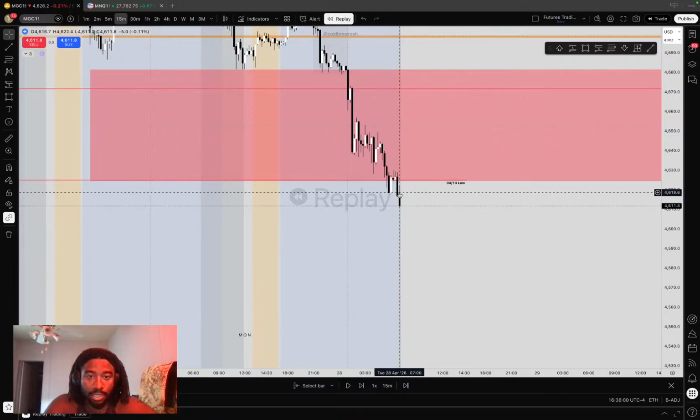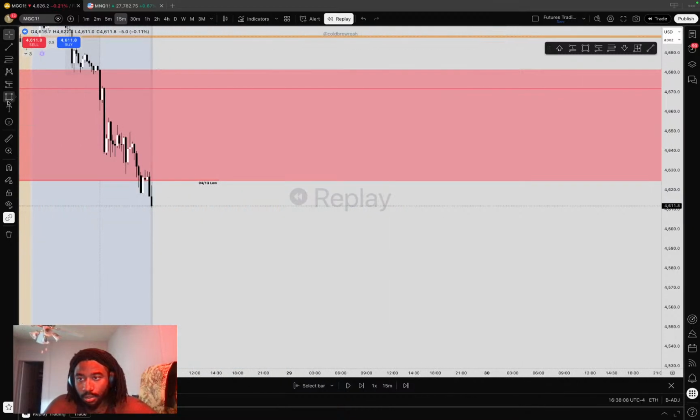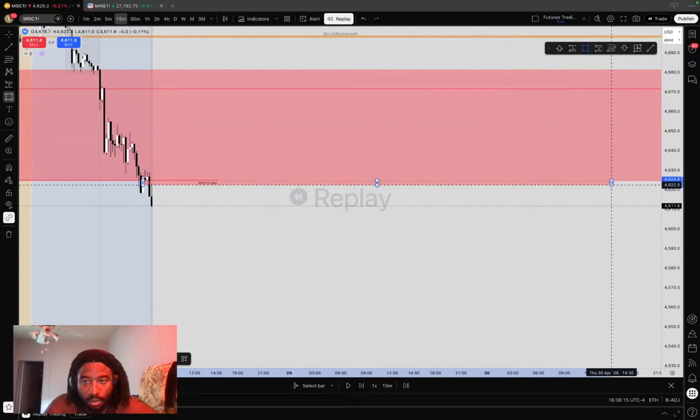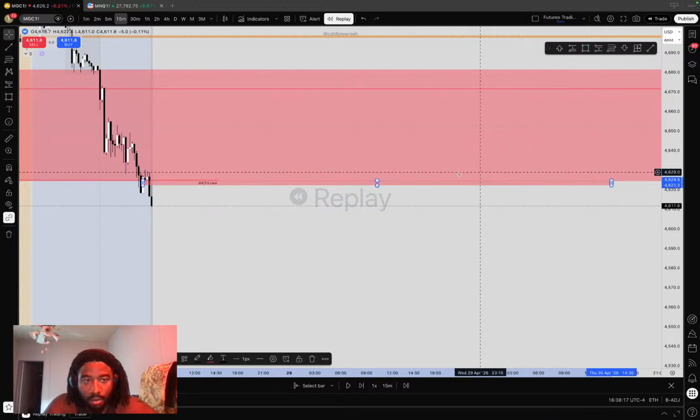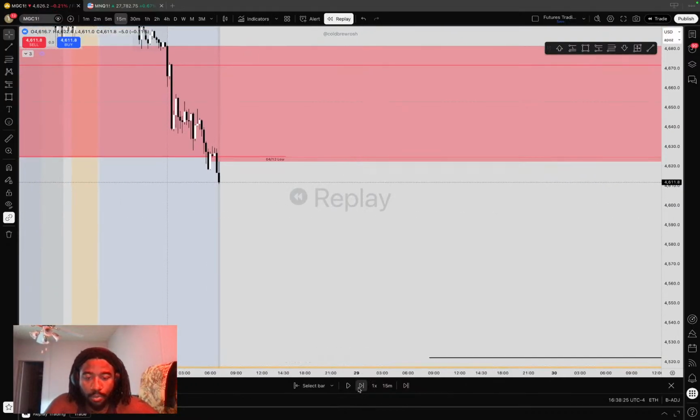All right, so technically a 15-minute BISI, or sorry, SIBI, or sell side imbalance, buy side inefficiency, does form here, and we can label that 15-minute SIBI, but price doesn't go back into it. It just starts to go down.